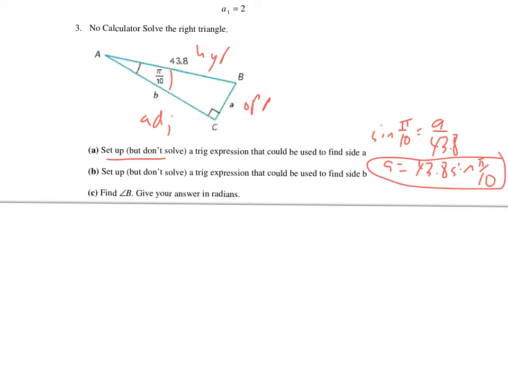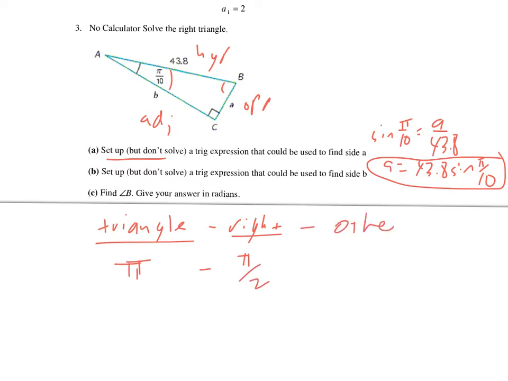For part C, it says find the measure of this other angle, angle B, and give your answer in radians. If we're doing this in radians, the whole triangle is pi radians. A whole triangle is 180 degrees, but in radians, that's pi. I need to subtract out the right angle, which in radians is pi over 2, and then subtract out the other known angle, which is pi over 10.